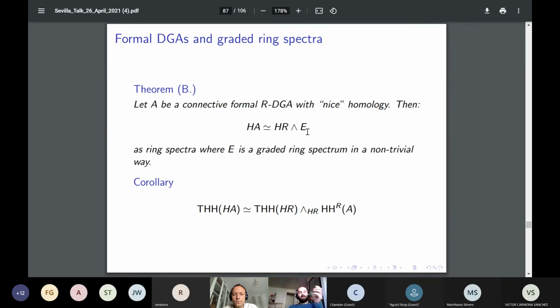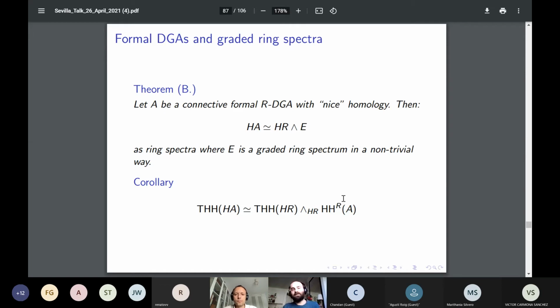And actually just the splitting itself says that computing the THH of such a ring spectrum just boils down to the computation of the THH of the base ring, which you often know. For example, R is FP in our situation. And then the computation of the Hochschild homology of the DGA is a completely algebraic thing to do.